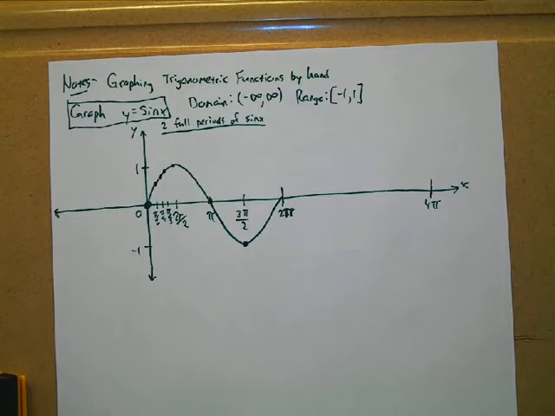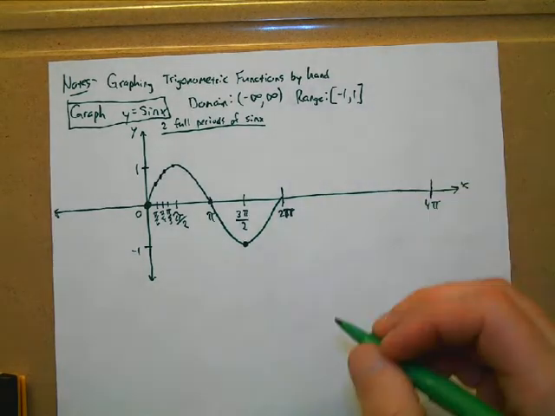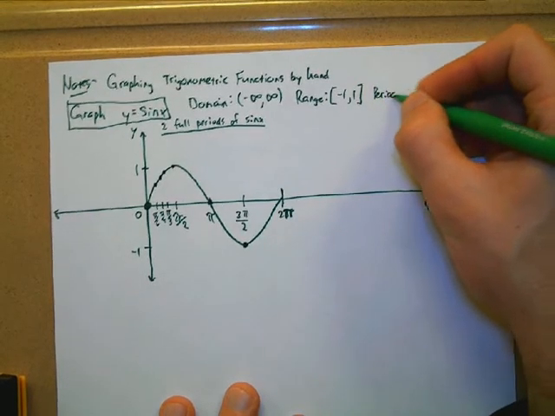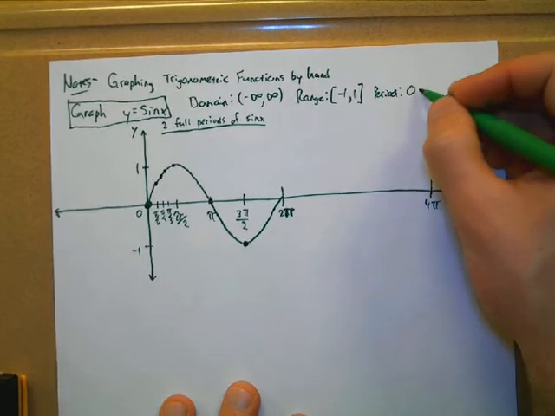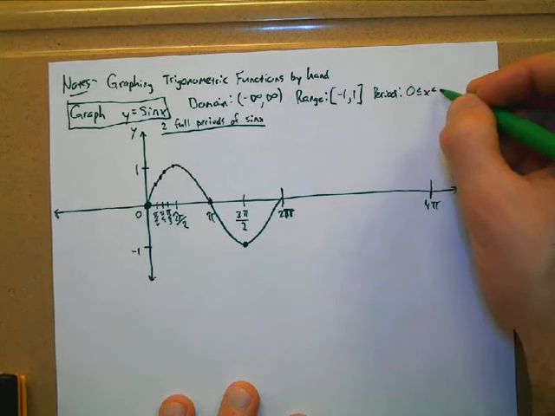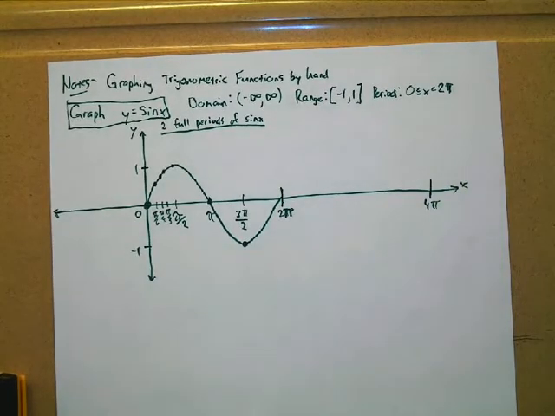So we can say the period goes from 0 to 2 pi. I'm not including the 2 pi because technically 0 is already that position, but you get the idea. That's one full period, and then it just repeats.